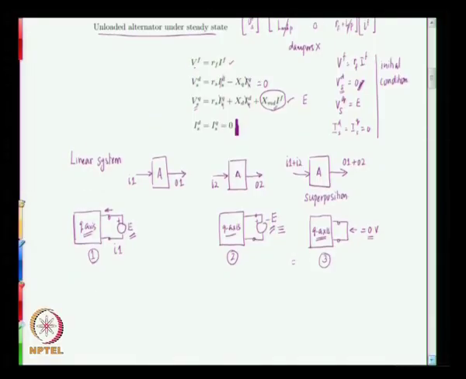As far as the field is concerned, the field voltage is Vf, and finally also Vf.